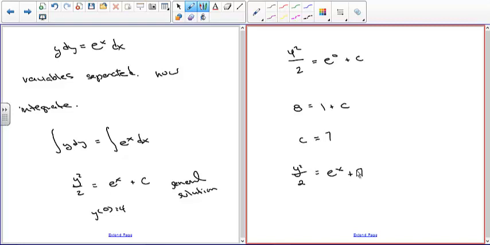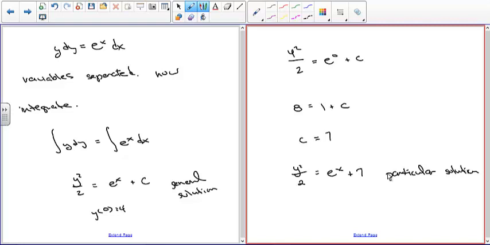Once you figure out the arbitrary constant, you just plug that back into your general solution, and that is called your particular solution. And you could solve explicitly for y. You'd end up with two solutions because you'd have plus or minus.